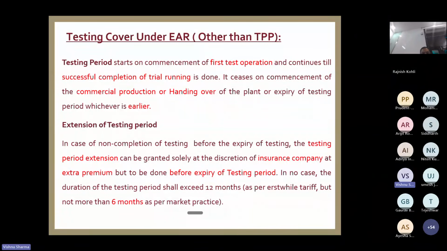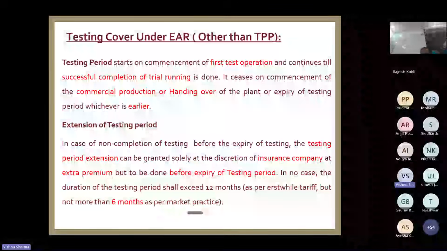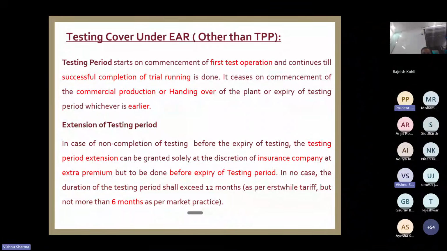So the coverage of that particular line which is tested will be out of the policy. And then an operational policy is supposed to be taken by the insured principal for this particular line which is completed. For the remaining lines, individually for each line, this testing period of 3 months is available. Okay, clear, sir, clear.